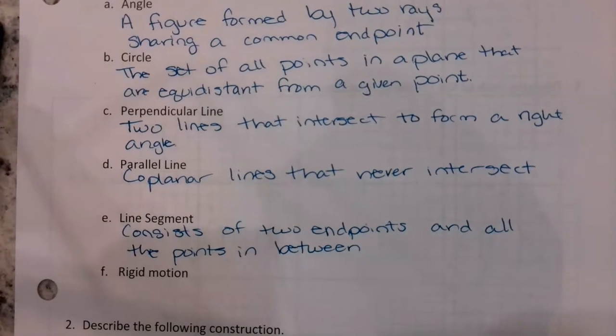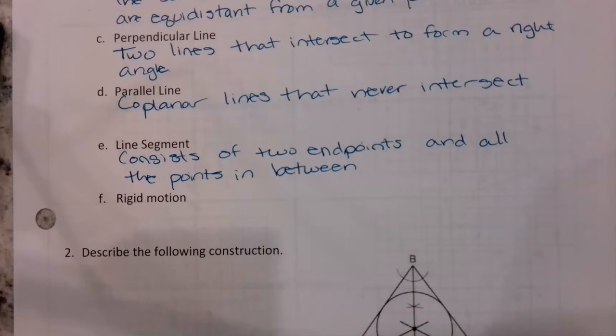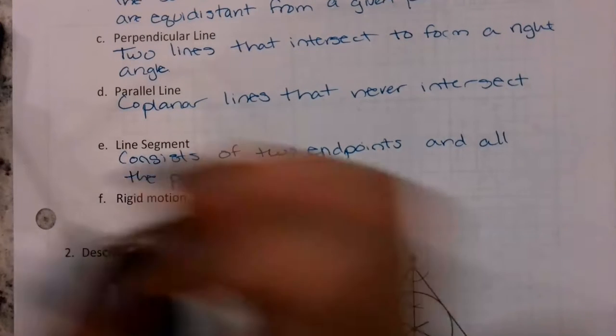Rigid motion is a transformation that preserves angle measure.